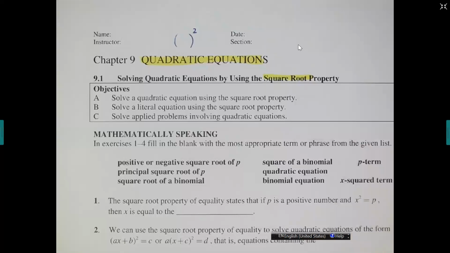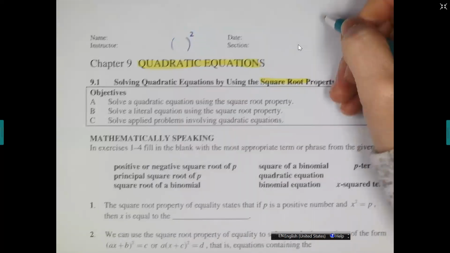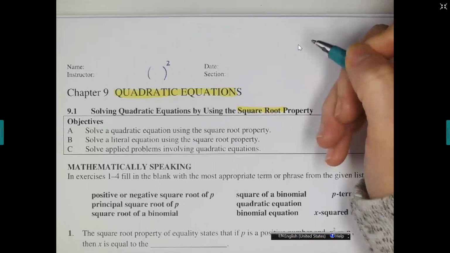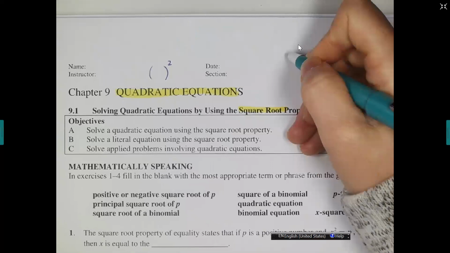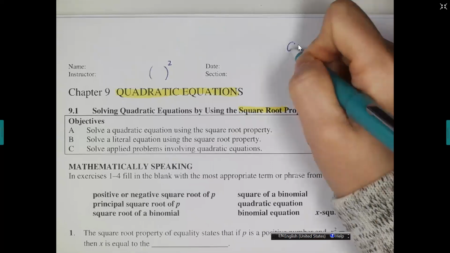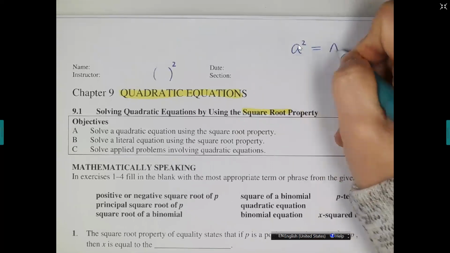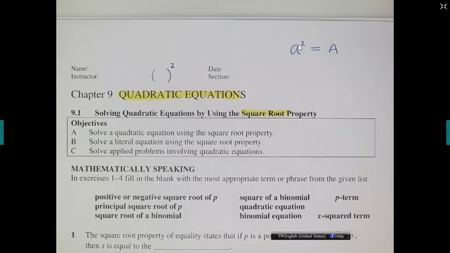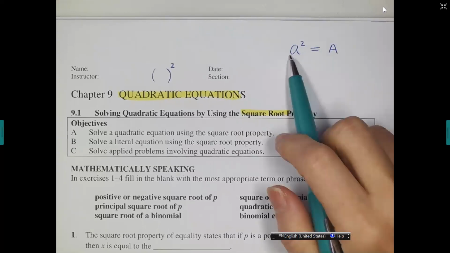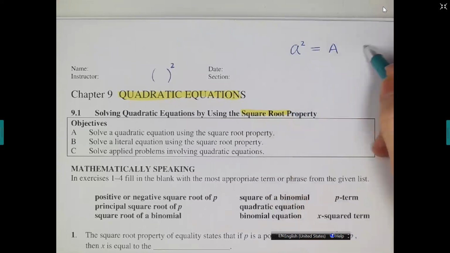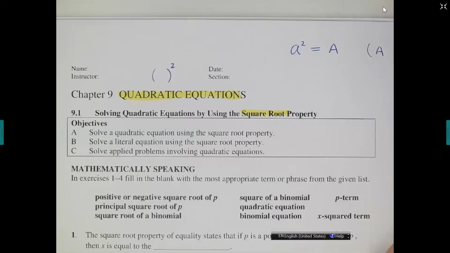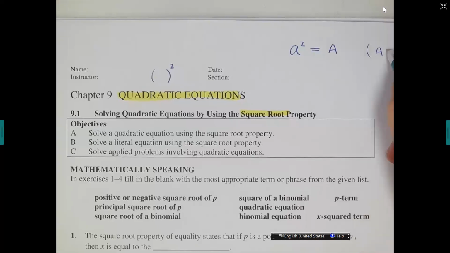What is the square root method? It tells us to go back to the square root property. We have been told if we have some number squared equals another number, okay, this is actually the definition of the square root. So if we have some number, when we raise it to a square, it equals another number. And therefore, for all real numbers, we know this capital A is always a non-negative number.